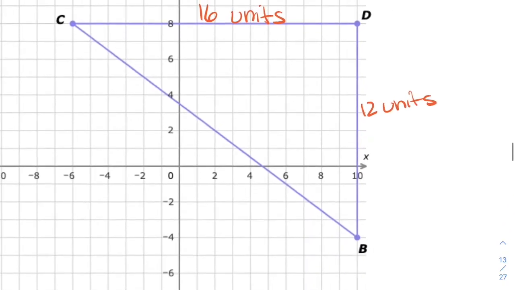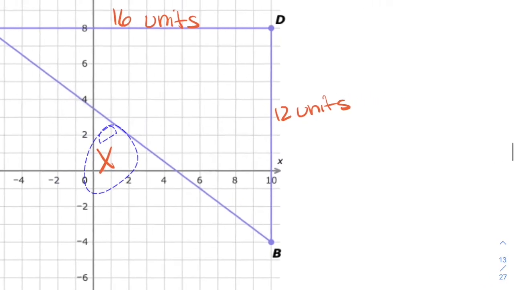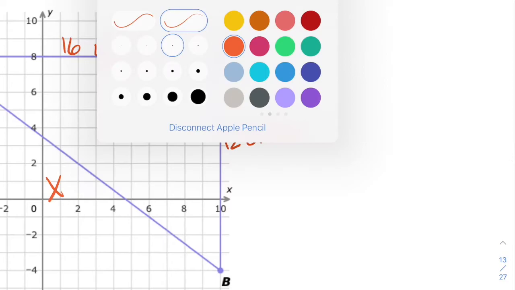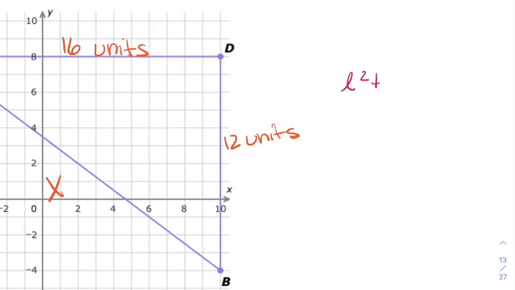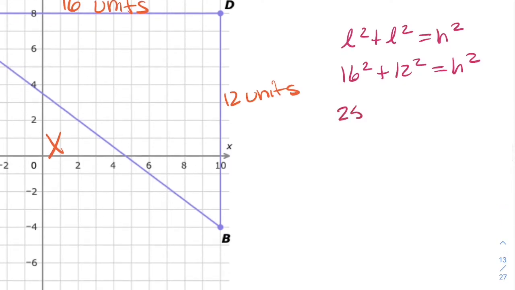And now I need to find this side right here. I can call it X if I want to, or H. I can leave it hypotenuse, whatever I want to. Let's see, leg squared plus leg squared equals hypotenuse squared. So 16 squared plus 12 squared equals h squared. So 16 squared is 256, and 12 squared is 144.